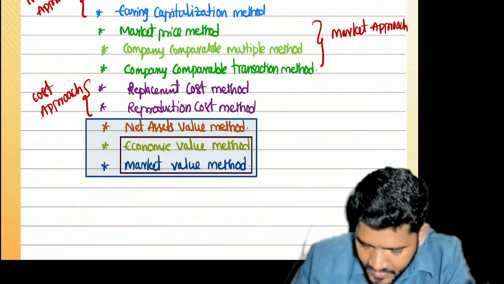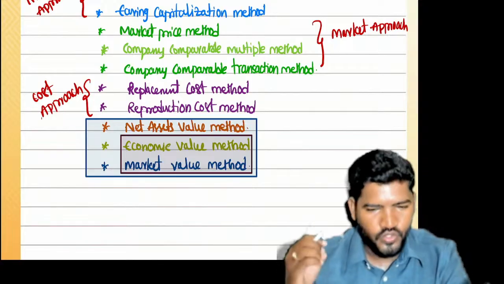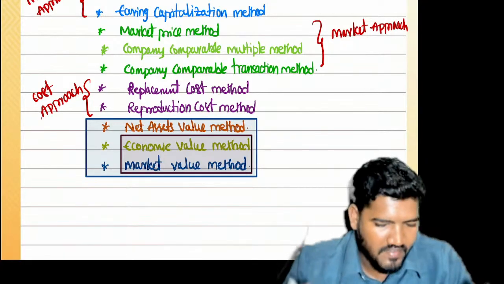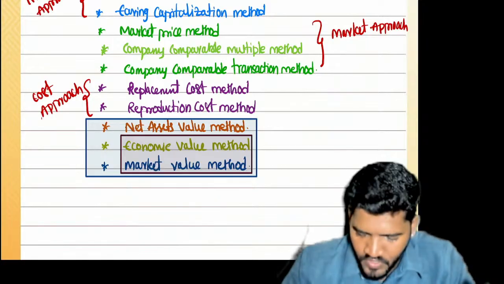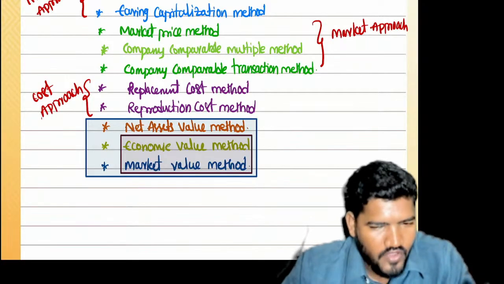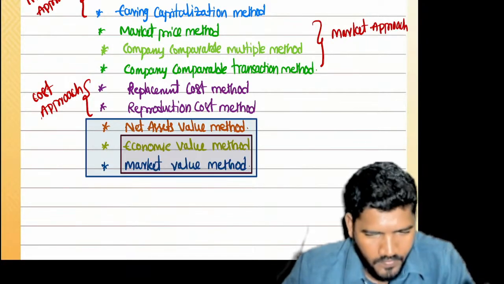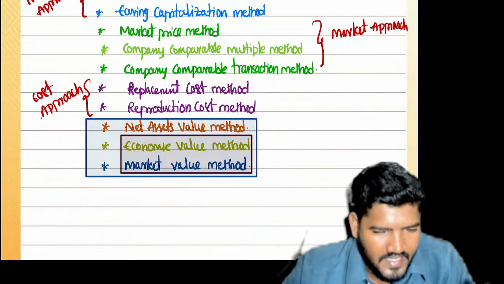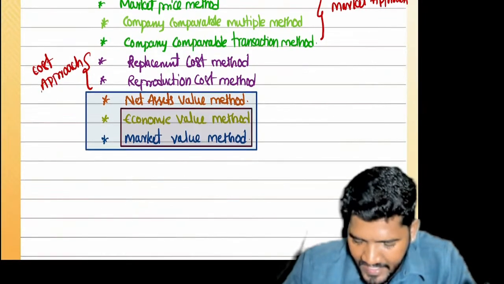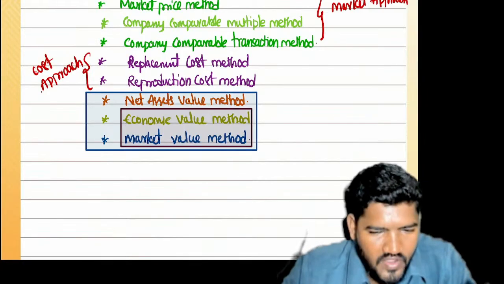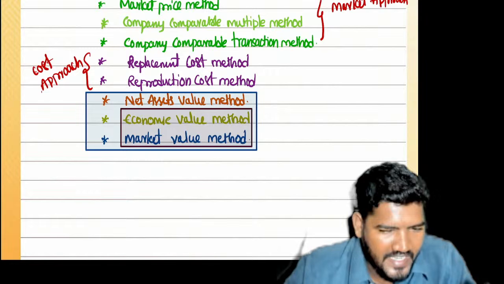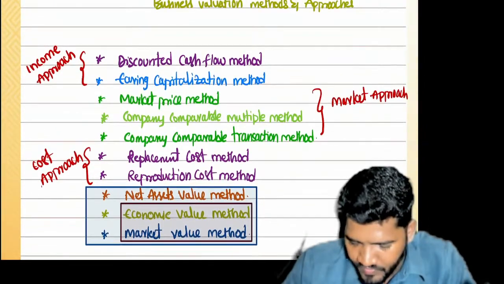Because the same methods and same problems are given in two chapters: one is methods and approaches, another one is asset and liability valuation. That's why I moved all economic value added problems from chapter 6 to chapter 7, asset and liability valuation. So economic value added and market value added concepts we will discuss in asset and liability valuation. Hope you guys are clear. Remaining all methods we will discuss here.